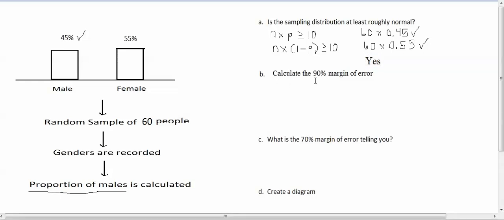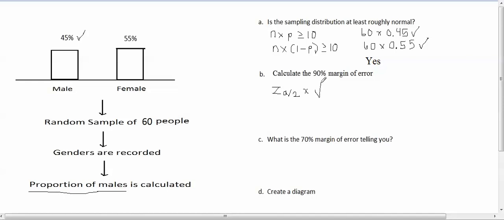Next, let's calculate the 90% margin of error. The statistic that's being calculated is a sample proportion. It's not a sample mean. So we're going to be using a different margin of error formula, the margin of error formula for a sample proportion.